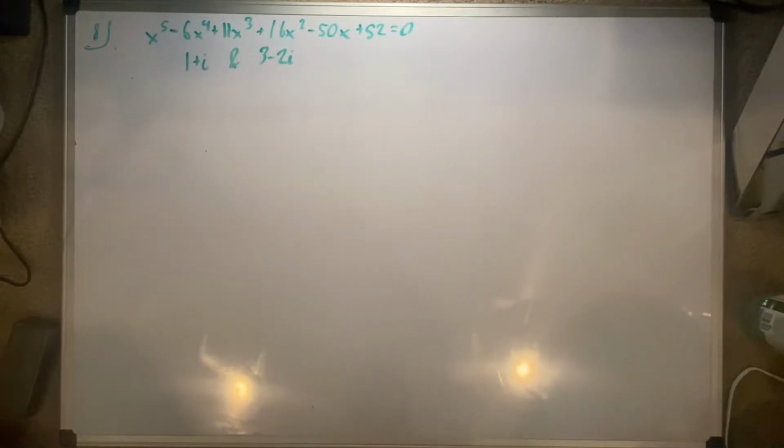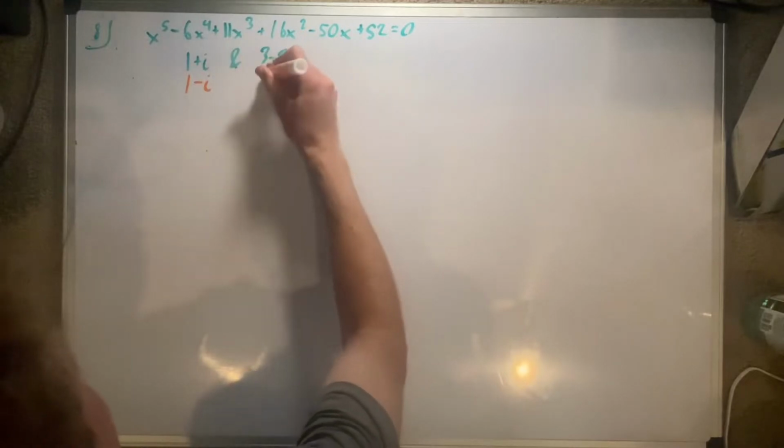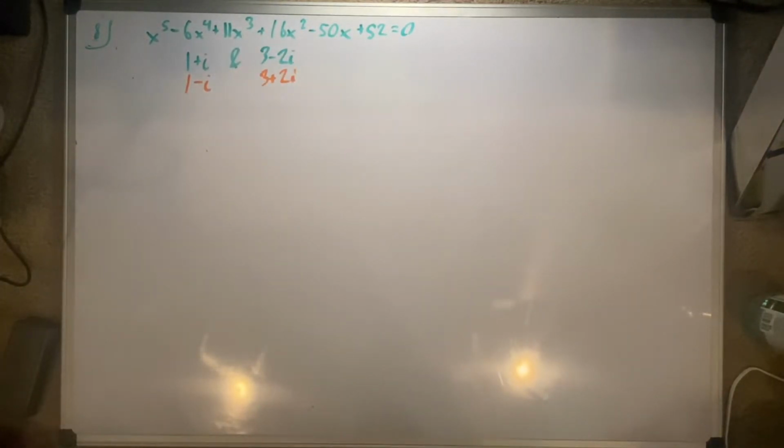Well, luckily they gave us things that are conjugate pairs, because complex roots will come in conjugate pairs, which means that 1 minus i and 3 plus 2i are two of our other roots.